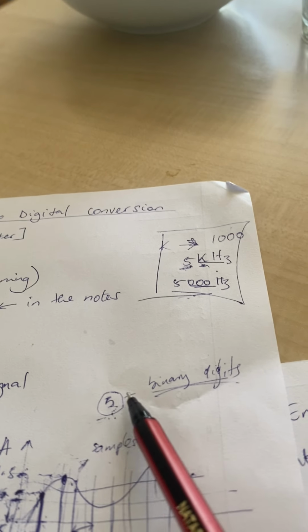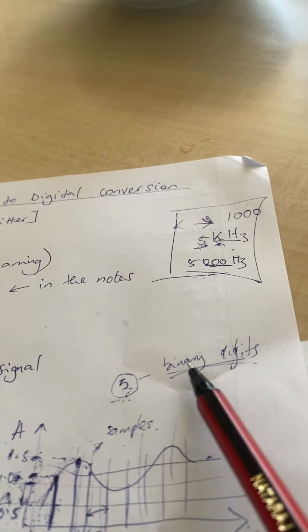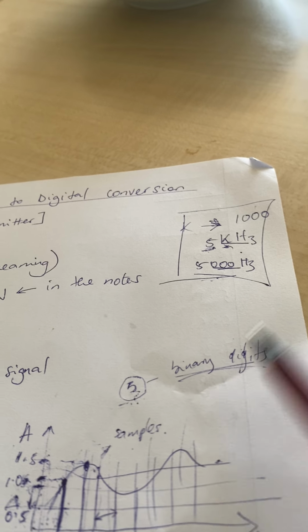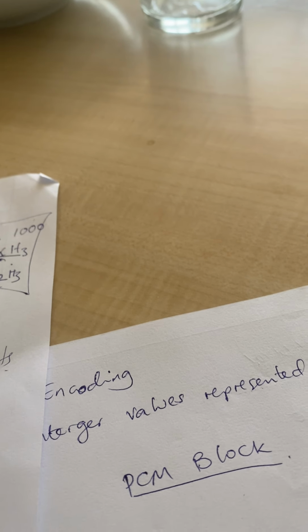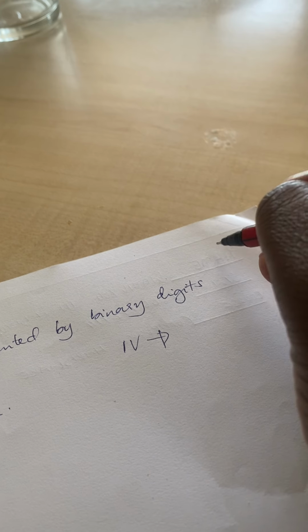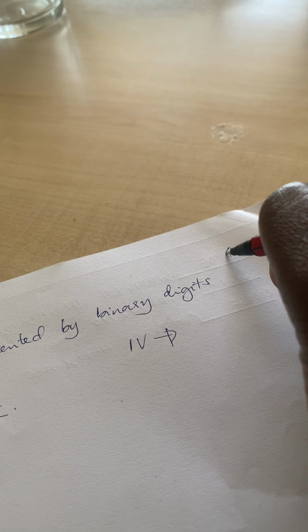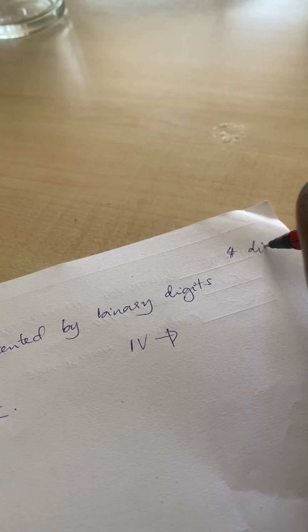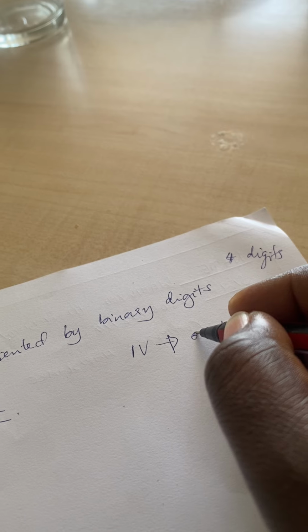So this is where I was saying that if you have something like a 5, you need to represent it in binary digits. For example, if you have 1 volt, this is the simplest example I can give, and you need to represent your 1 volt using 4 binary digits, it's going to be 0001.